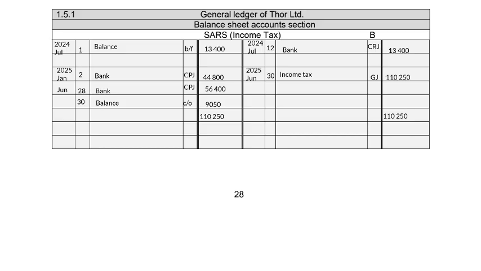On the credit side, July the 1st, balance brought forward, 9,050.